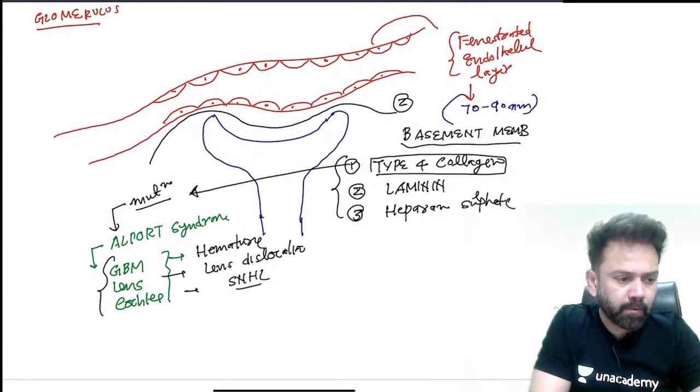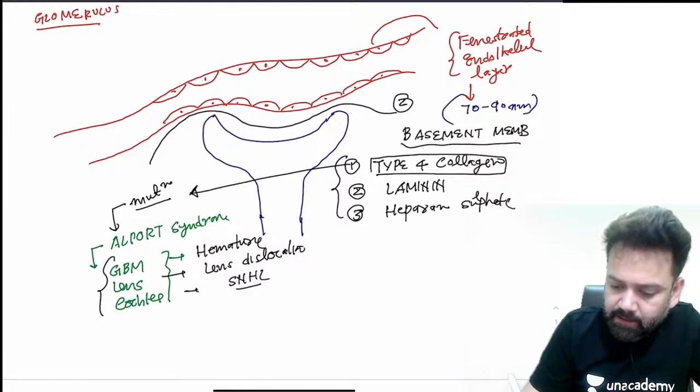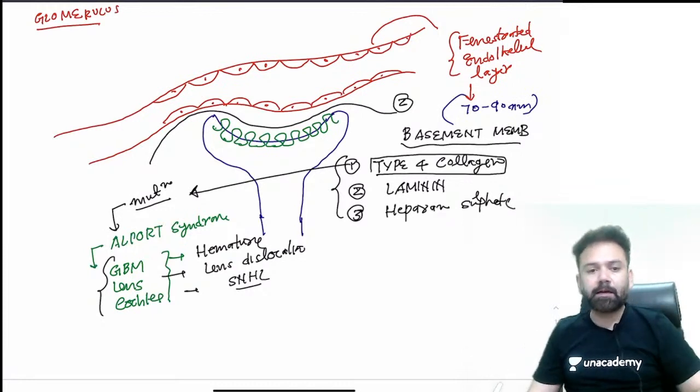Now, third layer is your visceral epithelial cell. Third layer is which one? It is called visceral epithelial cell, or simply we say podocyte. So what is the third layer made up of?